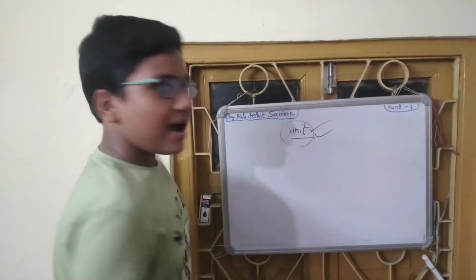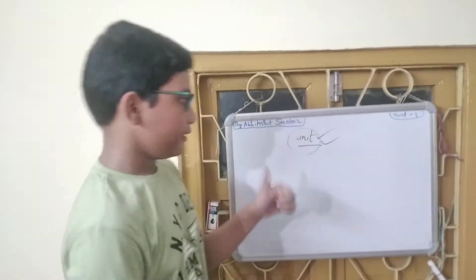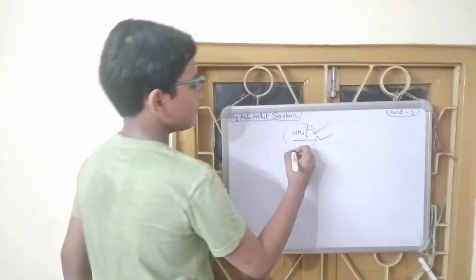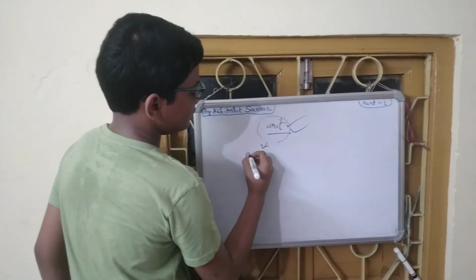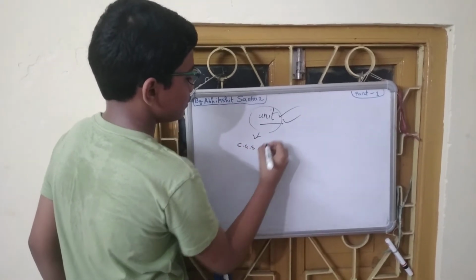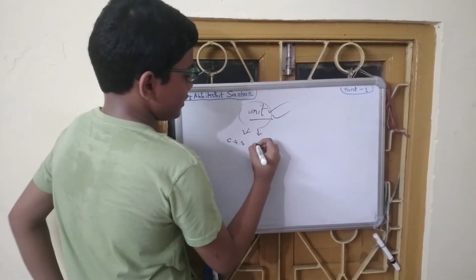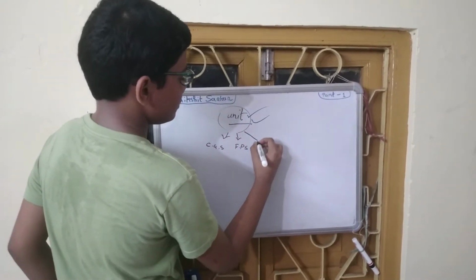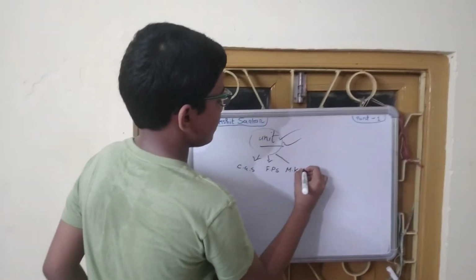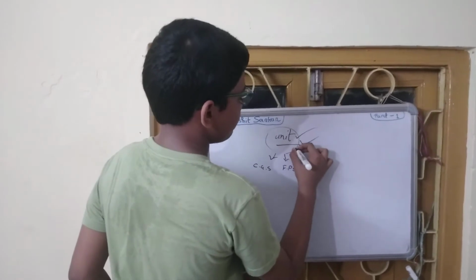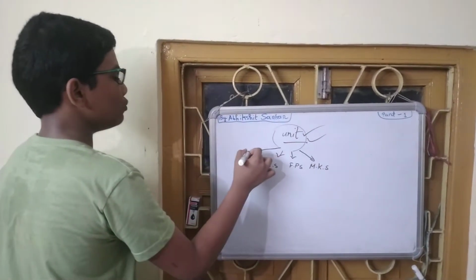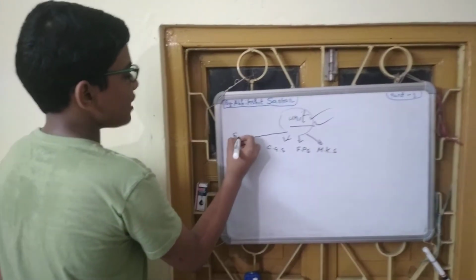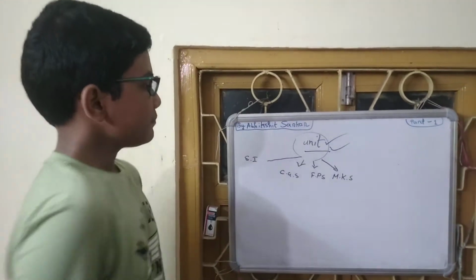Now, depending on the unit, there are four systems of writing. One is the CGS system, the next is the FPS system, the next is the MKS system, and the other one, which is mostly used, is the SI unit.